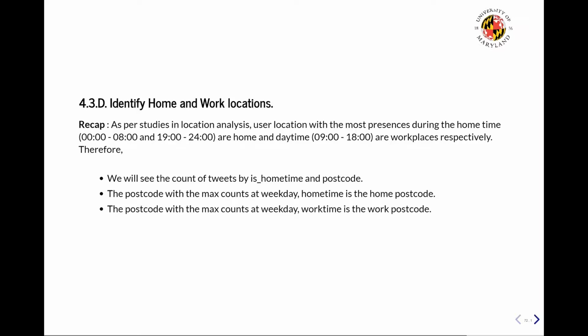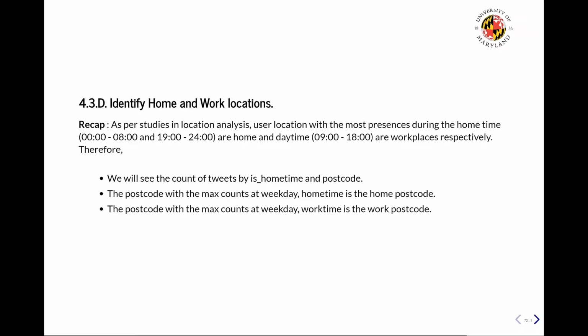Now we'll identify the home and work locations. We talked about this before at the beginning of this block. As per some studies, user location with the most presences during the home time are home location and daytime are work locations.